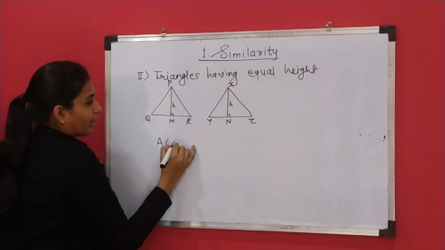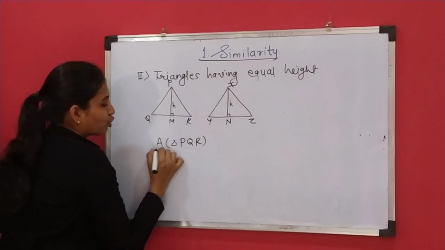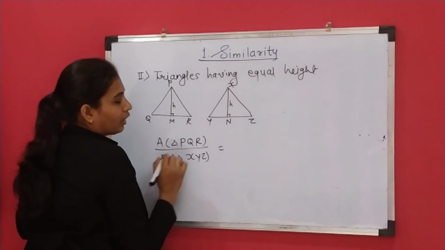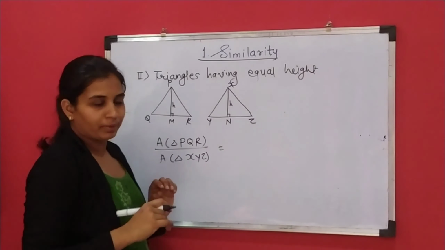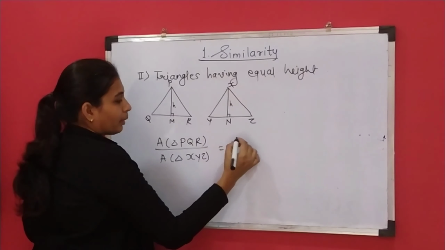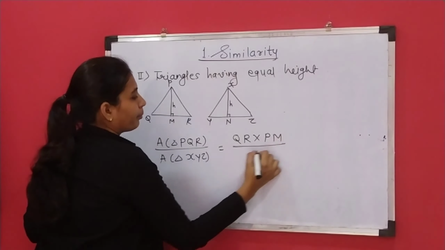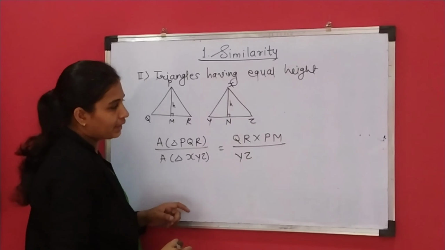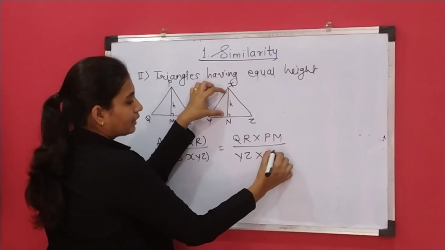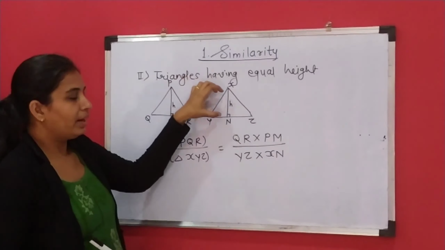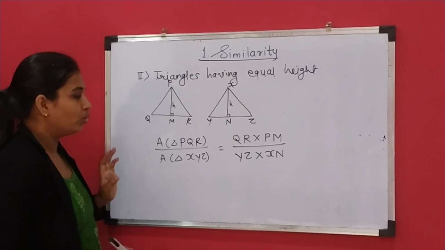So we can find the ratio of areas of the two triangles. 1/2 will get cancelled as per our discussion. Base is QR, height is PM. Base is YZ, height is XN. But we know that PM and XN are equal to h.